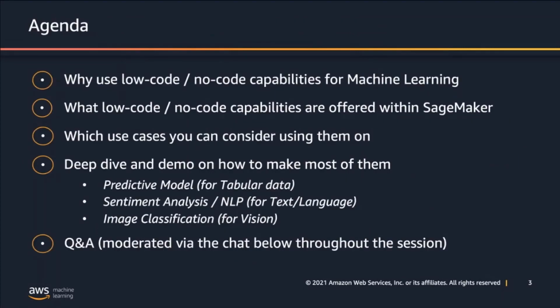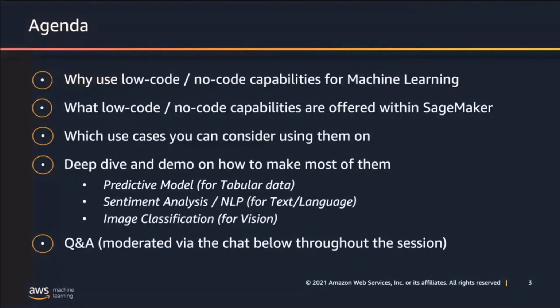We will achieve these three learning objectives using this agenda. We will start with understanding why to even care about low-code, no-code capabilities. We will then talk about what low-code, no-code capabilities there are within the SageMaker umbrella, and what types of data and use cases you can leverage them.